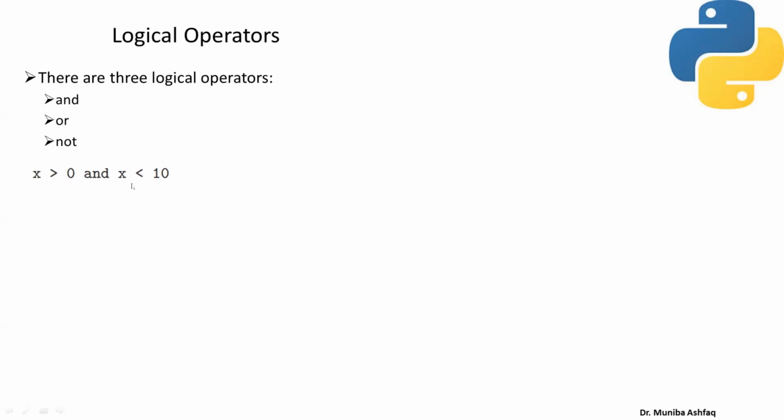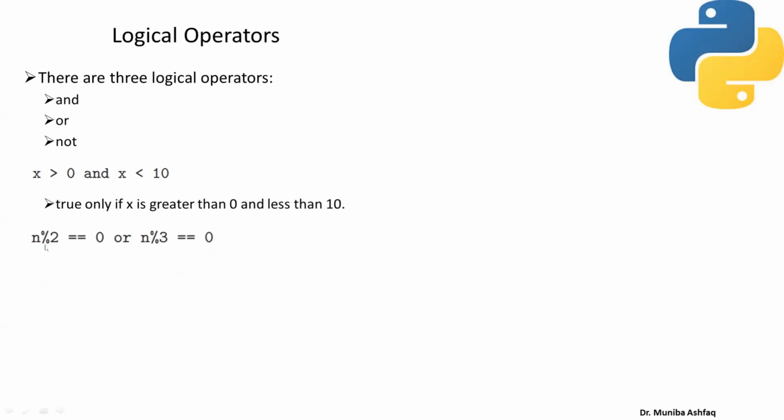If it's true and this is true as well, then we are going to AND both the results. So if 1 and 1, only in that case we will get the final result as true. Otherwise, if one of the Boolean expressions results in 0 or false, then the final result would be false. So it's true only if x is greater than 0 and less than 10.